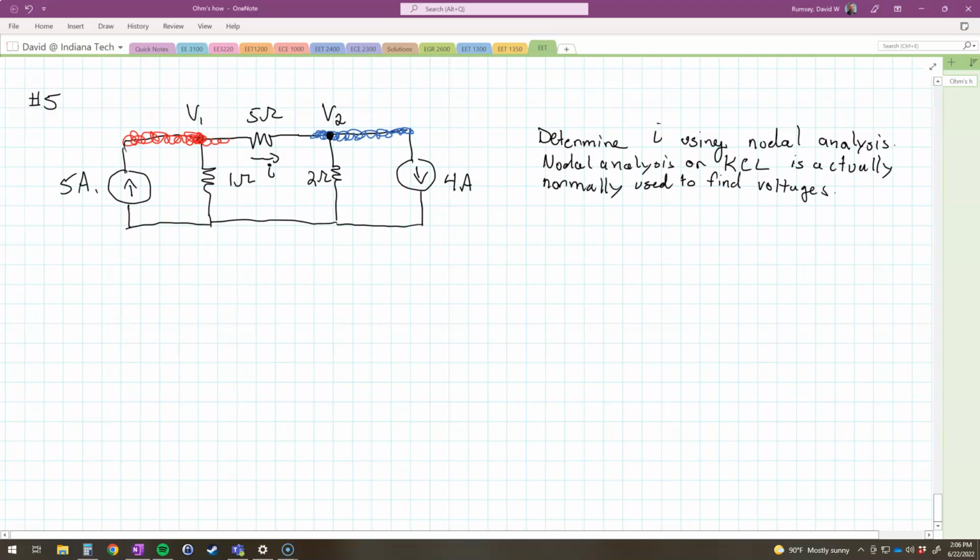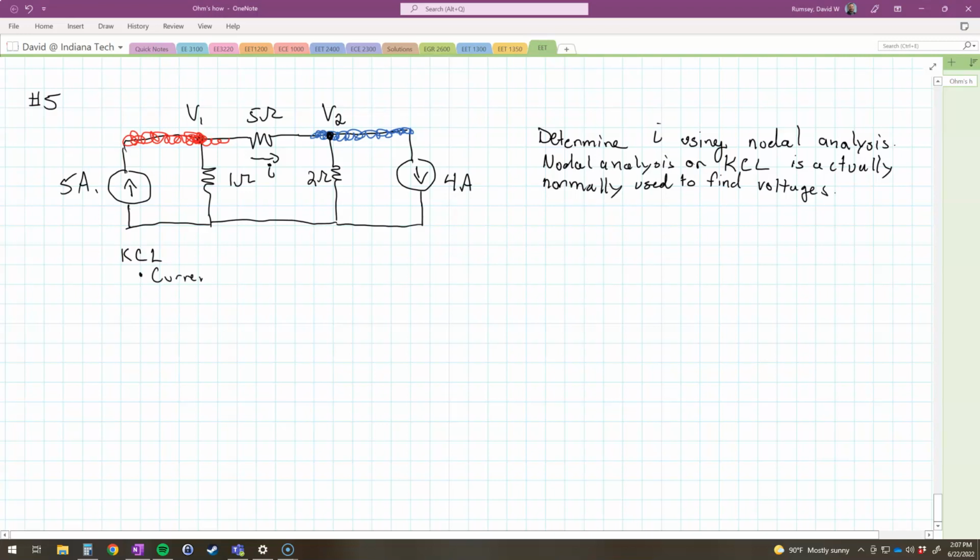Now, there's a couple things to remember here with KCL. KCL says that there's two ways to think of it. There's technically three.